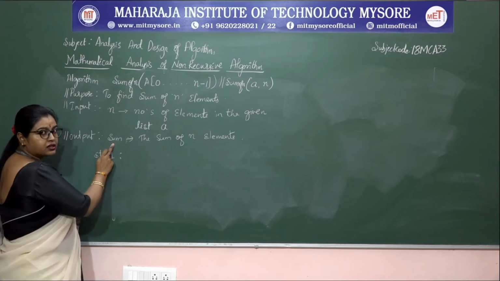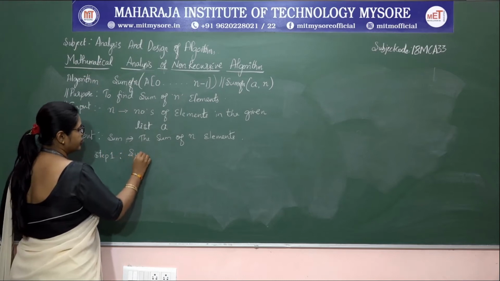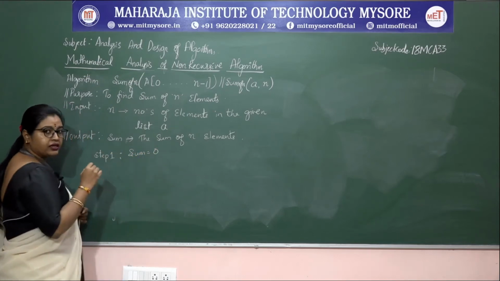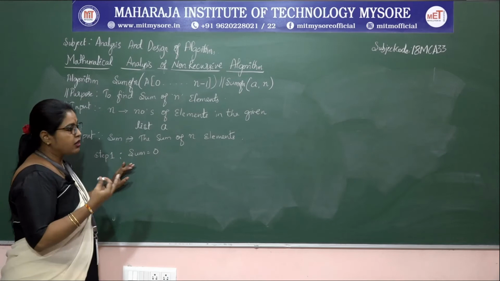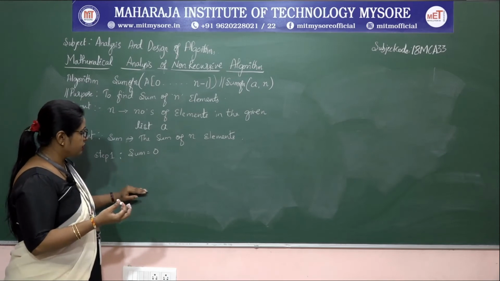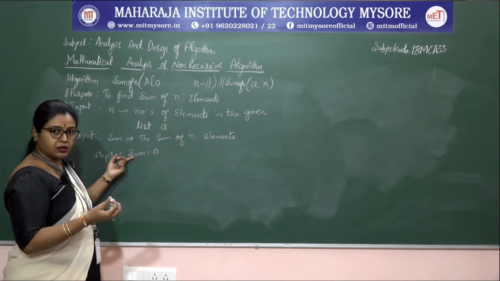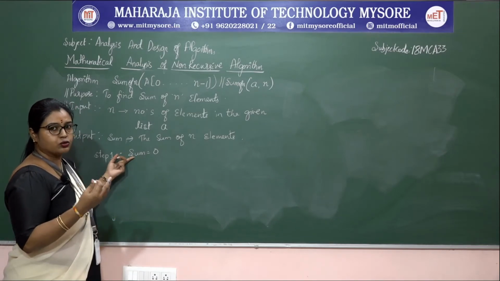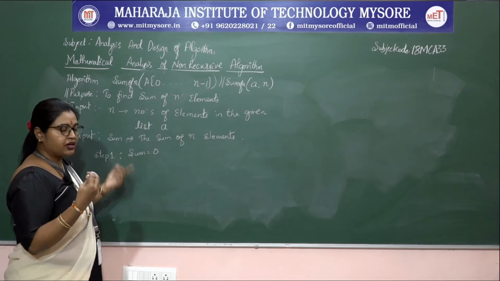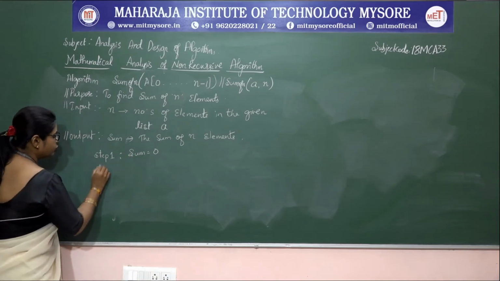Now step 1. We need to initialize the sum. So sum is equal to 0. Why? Because in the coming lines or statements we are going to use this variable sum. It should be initialized to 0 so that we won't get any semantic errors. Now step 2.